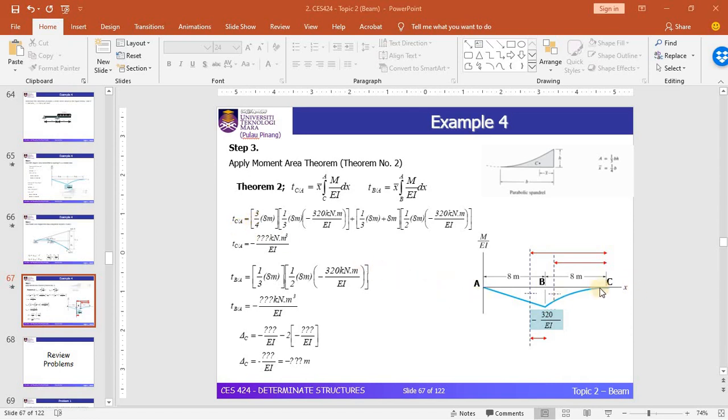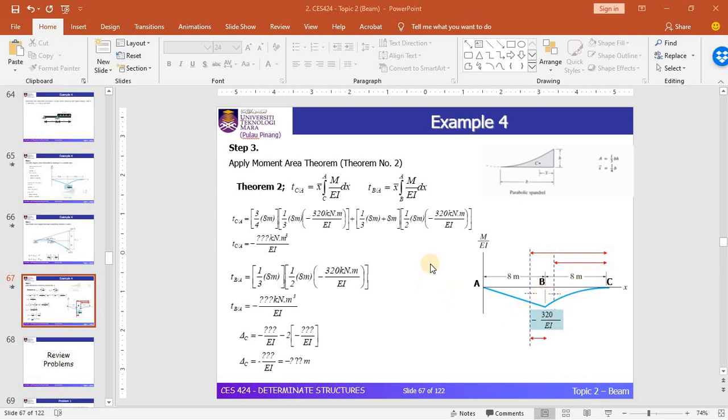The limits are from point C to point A on this MBI diagram, meaning that we need to consider the entire area of the MBI diagram for this problem. Basically you can divide the area into two shapes, a triangular shape and a parabolic spandrel shape.